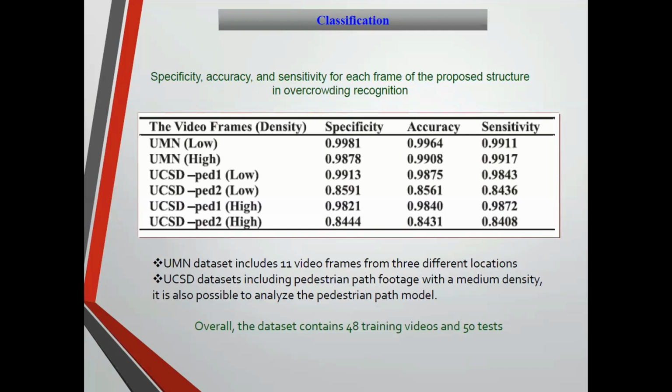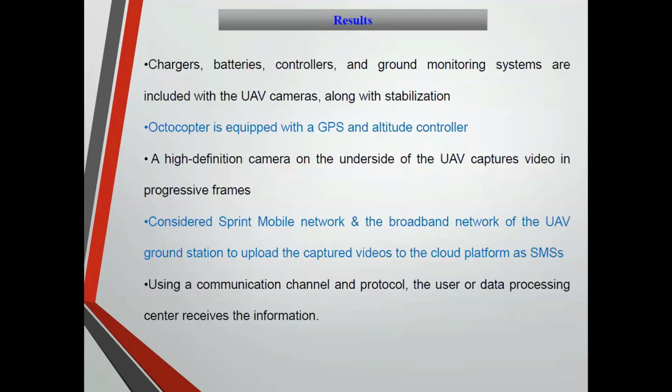Actually, this is the process. It considers the Sprint mobile network and broadband network of the UAV ground station to upload the captured video to the cloud platform and social monitoring systems. The last point is using the communication channel and protocols; the user or data processing centers receive the information.